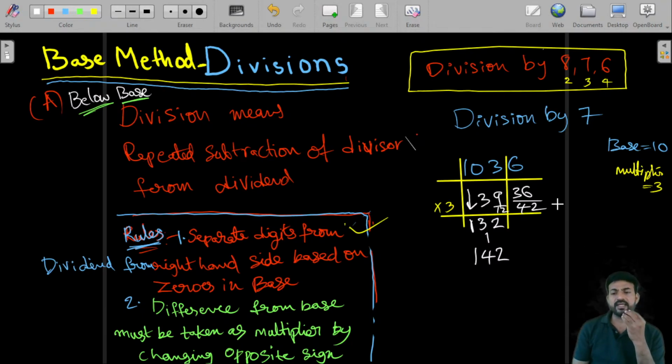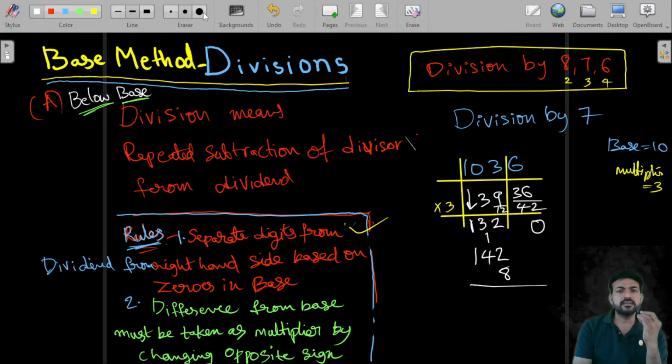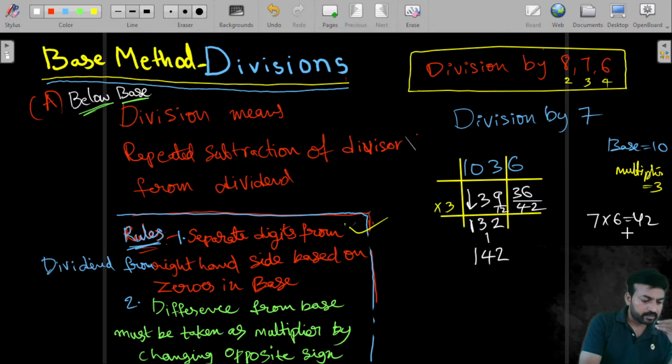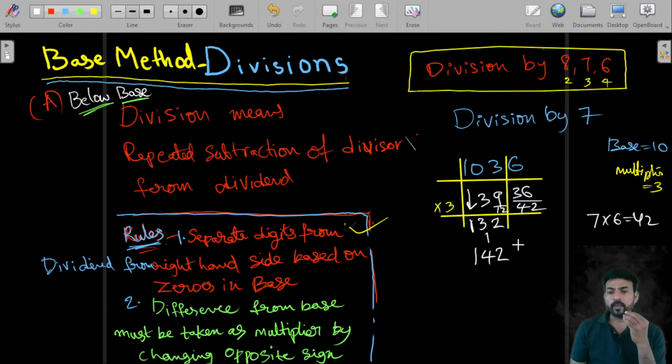So 42లో ఎన్ని 7s ఉంటాయి? 7 6 are 42. So 7 6 are there in this 42.